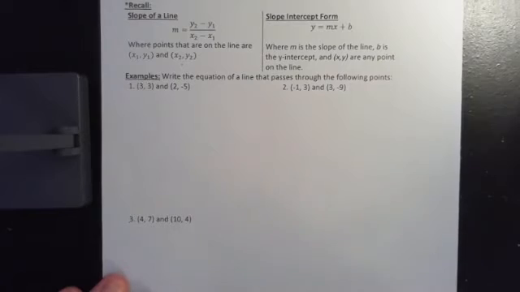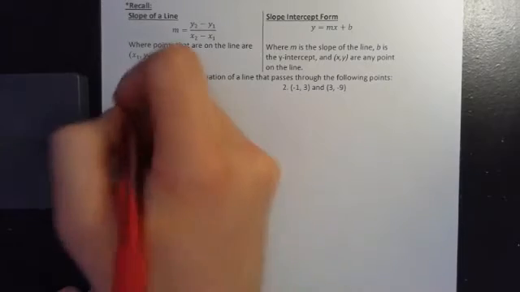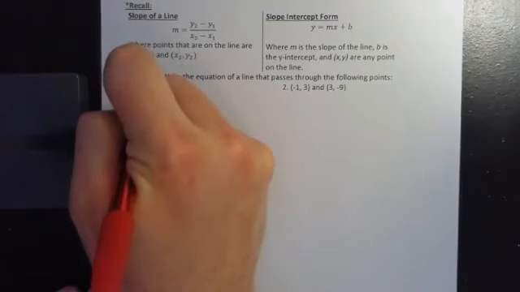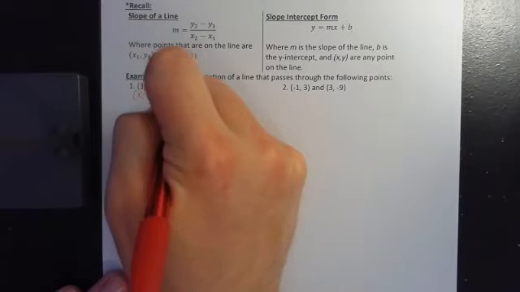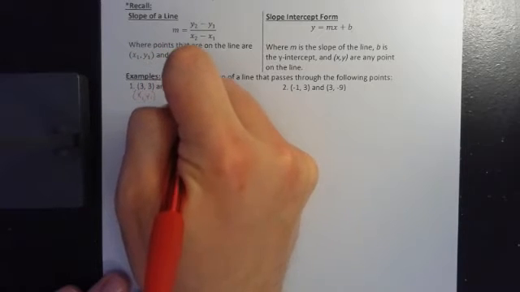Since it's been a while since we've done this, I'll label the points for you for example 1, but examples 2 and 3, I'm going to let you guys do that on your own. So I'm going to call this point x1, y1, and this point x2, y2.